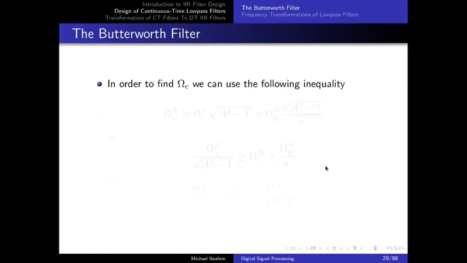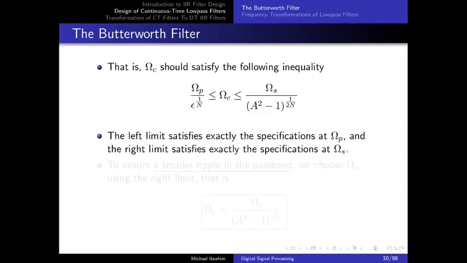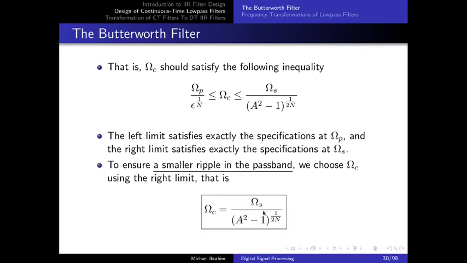So, in order to find the cutoff frequency omega C, because it's an important part of the design process, we need to find omega C. So again, we have a derivation which we will skip for now, and we'll find that the proper value of omega C should be equal to omega S, which is the edge of the stop band, over (A squared minus 1) to the power 1 over 2n.